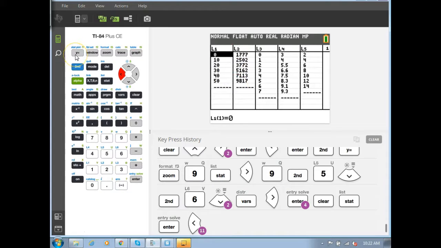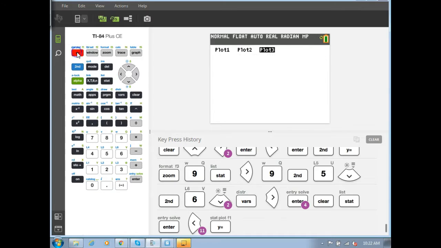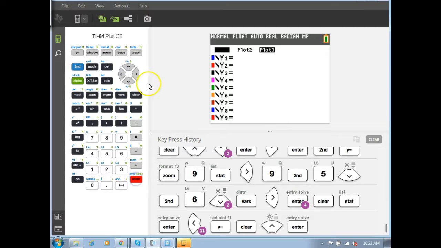Normally, I shouldn't tell you what kind of regression to use, which means you'd either have to do what's called testing, which is no fun, or at the very least look at a scatter plot. So go to y equals, clear out anything that already exists from a previous question, and then adjust your plots so that you have a plot turned on and it's going to graph what you want it to graph.